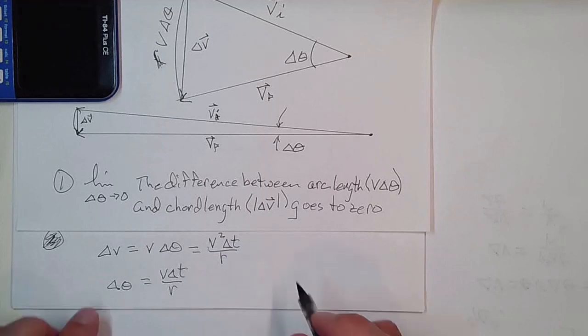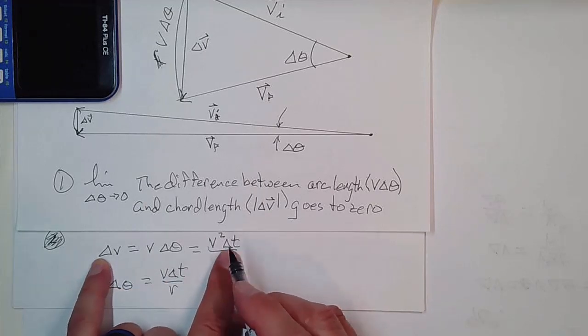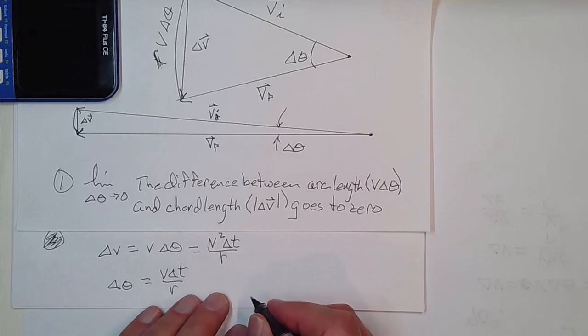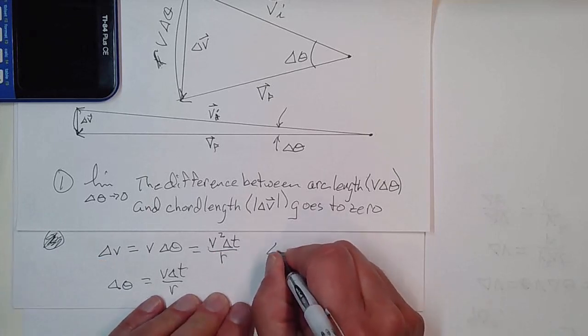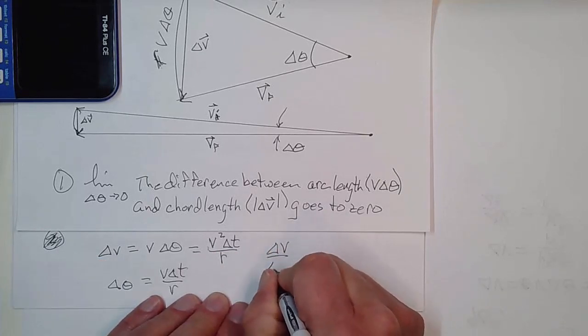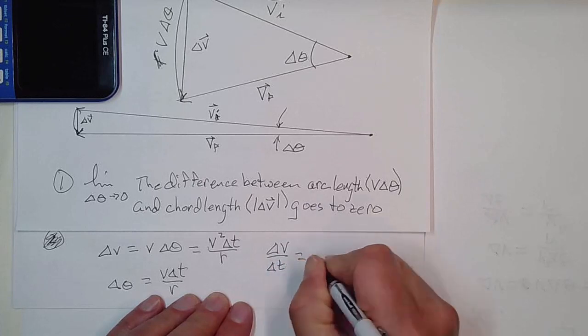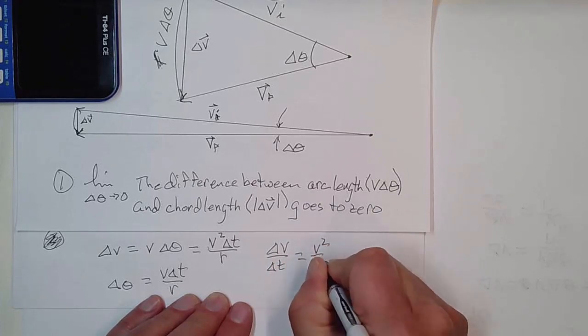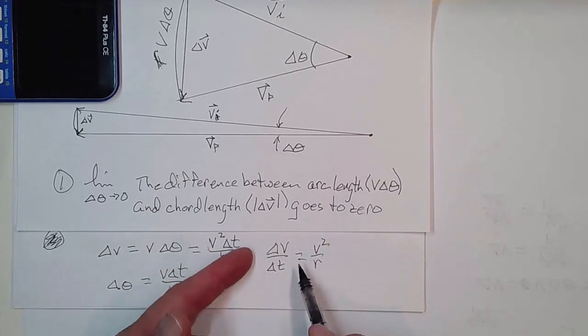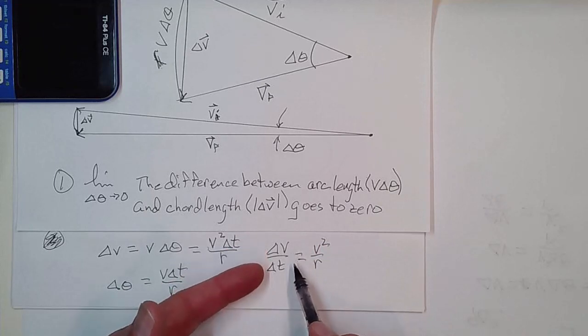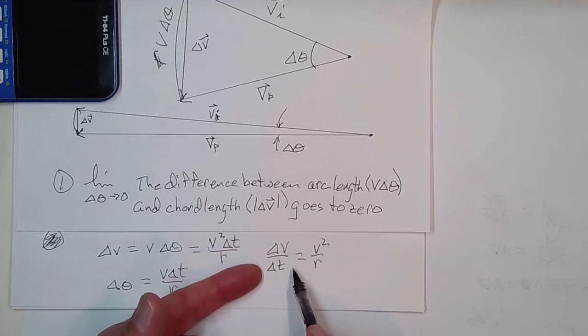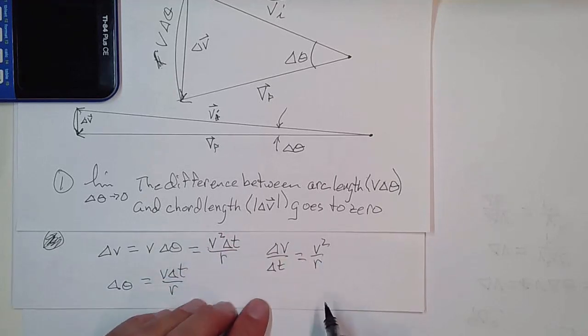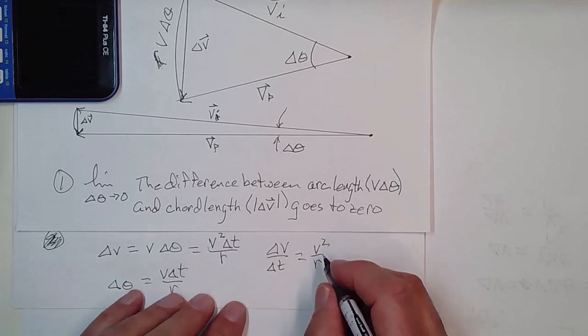And if I divide both sides of this thing by delta T, I end up with delta V over delta T is equal to V squared over R. This is the rate of change of the velocity, and it's purely due to directional change. Okay, V squared over R. Well, that's pretty neat.